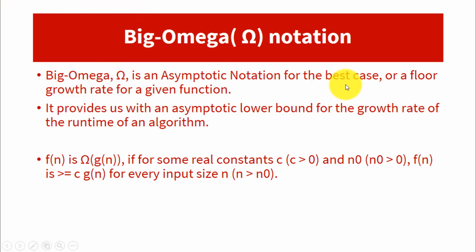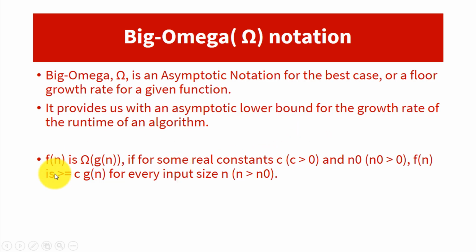So big omega notation is used for best case analysis or a floor growth rate for a given function. It provides us with an asymptotic lower bound. That means the given function for some code, let's say for some sorting algorithm, is not going to take less than this time, right? The big O was for maximum time, and the big omega is for minimum time.